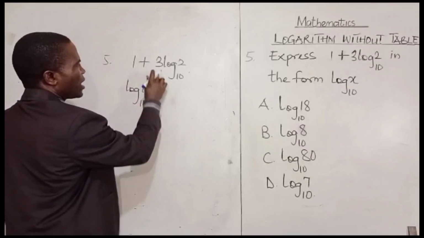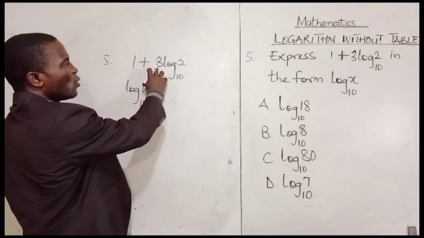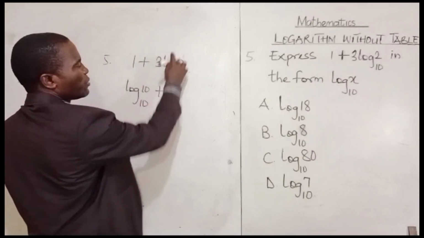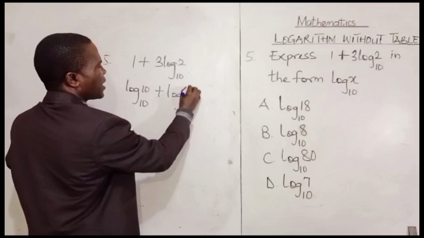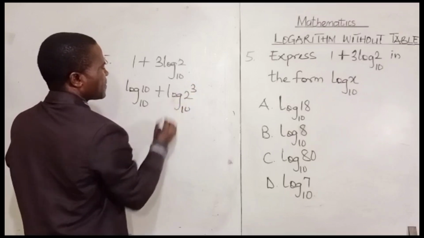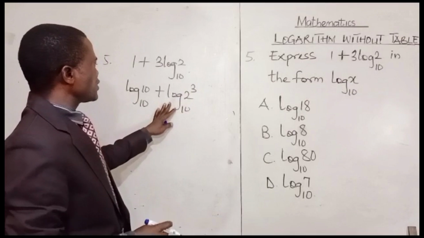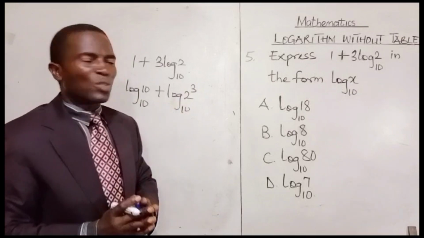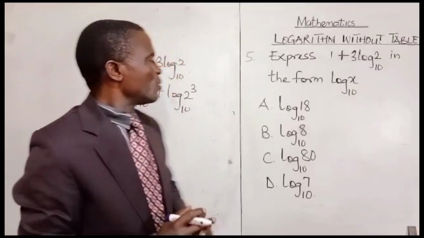Then I will apply the concept of the power law. These 3 can be transferred back to where it was before, which means I'm going to have something like log 2 raised to power 3 base 10. After this, I can proceed to the next law, called the multiplication law.